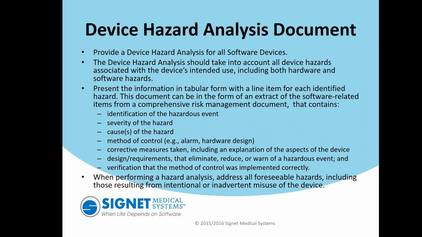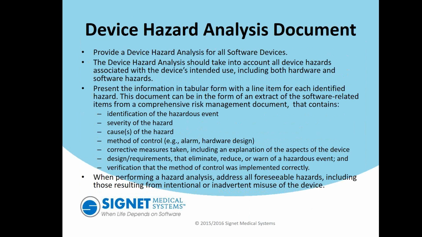So it means that you don't just say that there's a risk here, you show that you have tested and verified that the risk mitigation you have put in place actually has been completed, and you'll be submitting that later in the verification documents we'll talk about later.